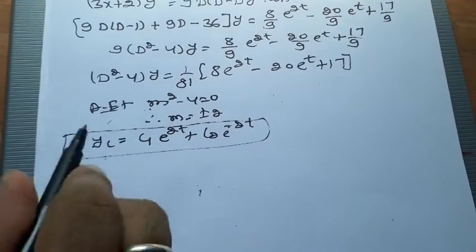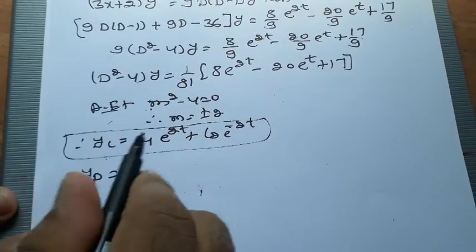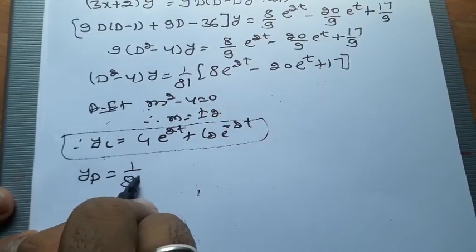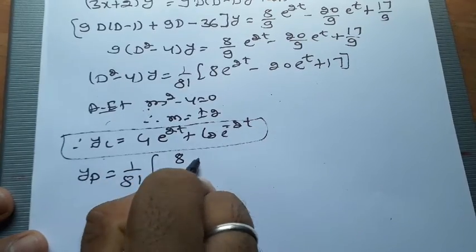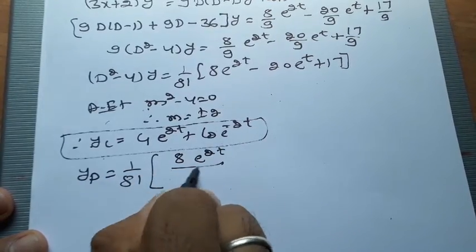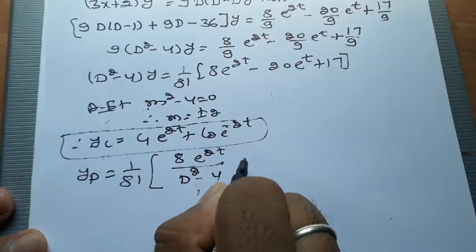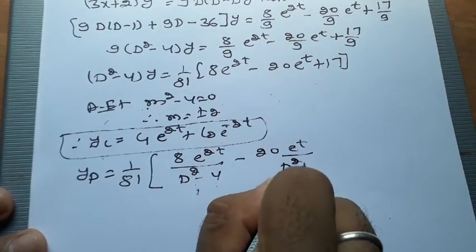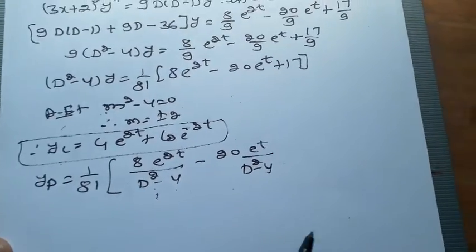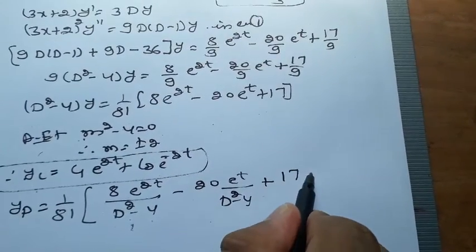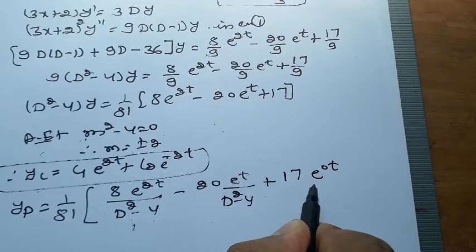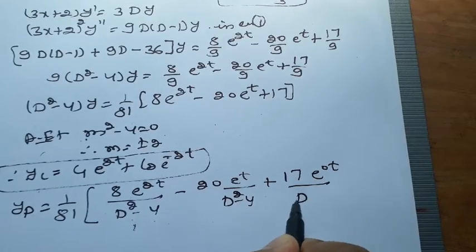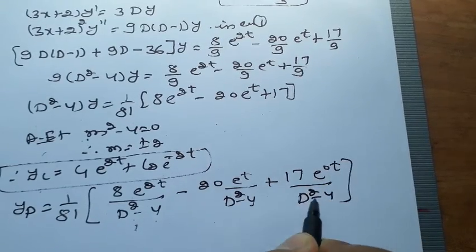Similarly go for the particular integral, yp: I'll take 1/81 outside and separate: 8e^(2t)/(D² - 4) minus 20e^t/(D² - 4), and the last one, plus 17, a constant, so e^(0t), divided by D² - 4.